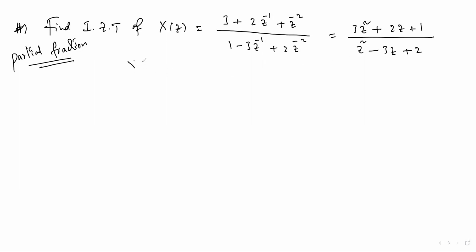Further, x of z is 3z square plus 2z plus 1 divided by this one. We can write the denominator as z minus 1 multiplied by z minus 2.